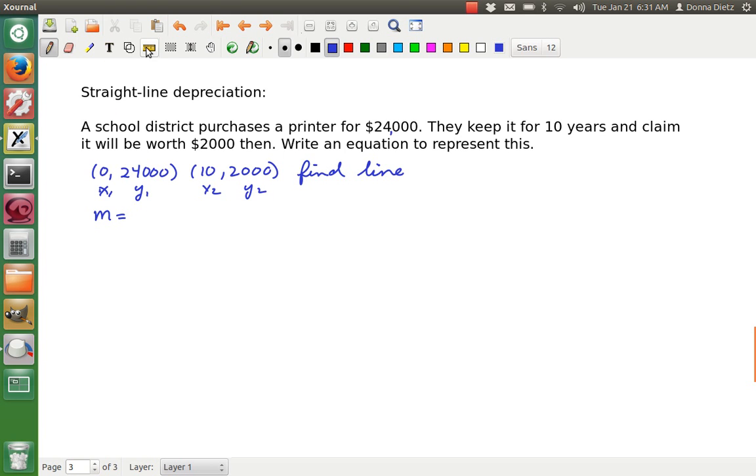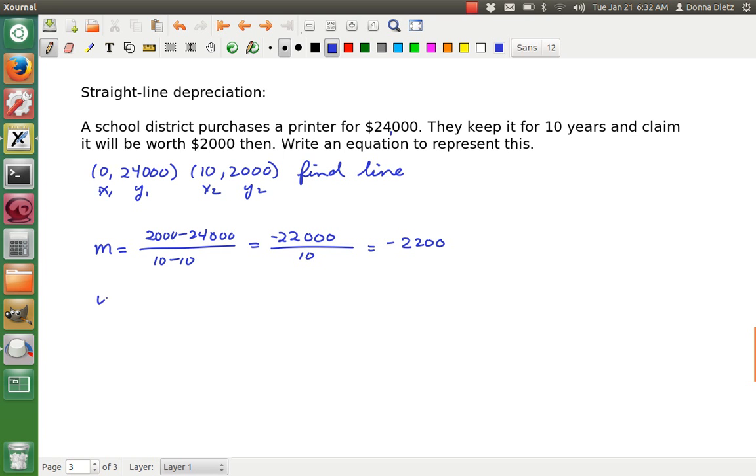So let's see, I have change in y over change in x. So you think, oh, it's just 22,000, but it's in a negative direction. So you get rid of one of the zeros.